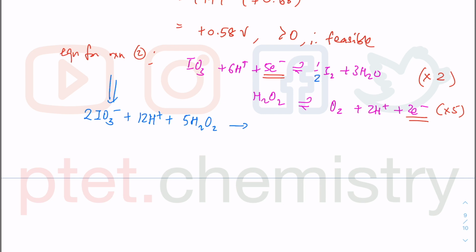So there's times 2, so they will give me 1I2 plus 6H2O plus 5 times 1, which is 5O2 plus 10H plus. The 10 electrons on the right cancel the 10 electrons on the left, but then we also have this problem of 12H plus and 10H plus, so I can move the lesser 10H plus to the other side. 12H plus minus 10H plus gives me 2H plus, and then I'll erase this one. So this is my final equation.